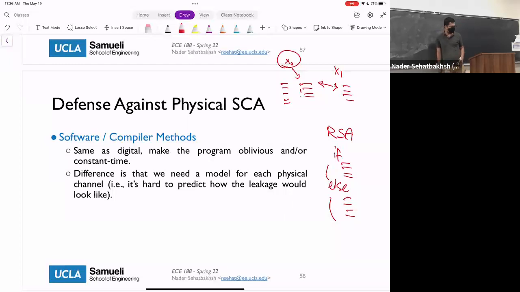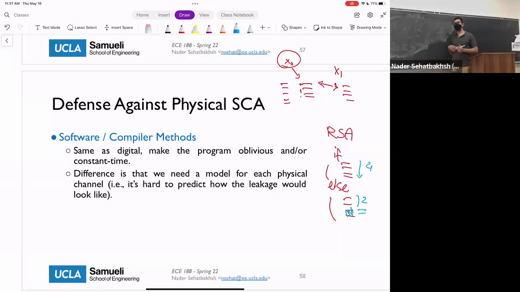This means that one of them has to have some dummy instructions. For example, if the if branch has 4 instructions, normally your else would have, for example, 2 instructions. In order to make these two similar to each other, I need to add dummy instructions into my else branch as well, right?